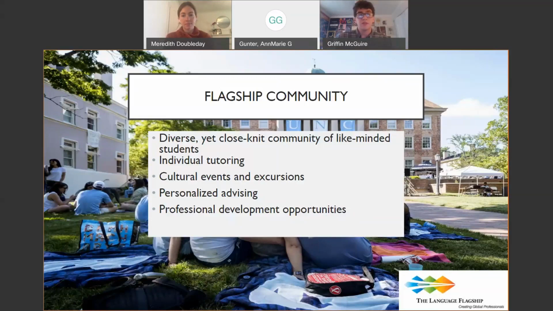I myself worked at the library working with Russian text, and now I'm working as a student ambassador. I still use the Russian language on social media and in other contexts. So these are opportunities provided by the Russian Flagship Program to help you advance your Russian abilities and improve your resume at the same time.